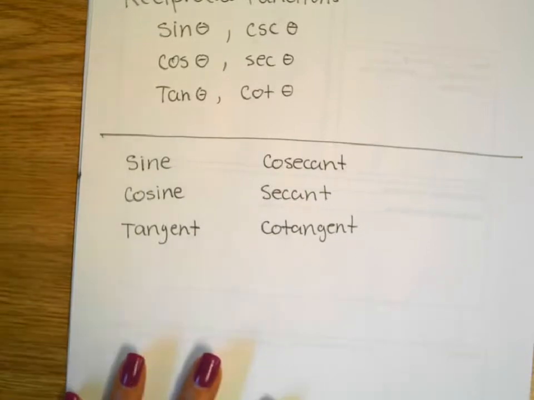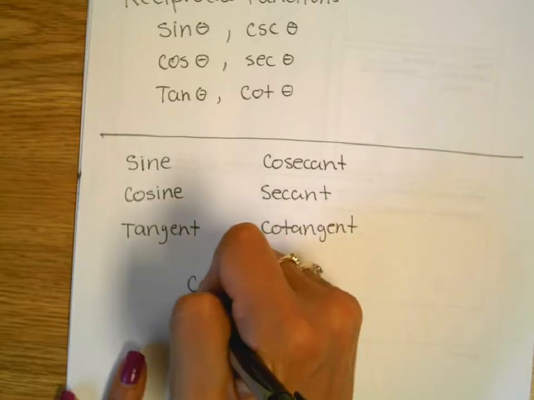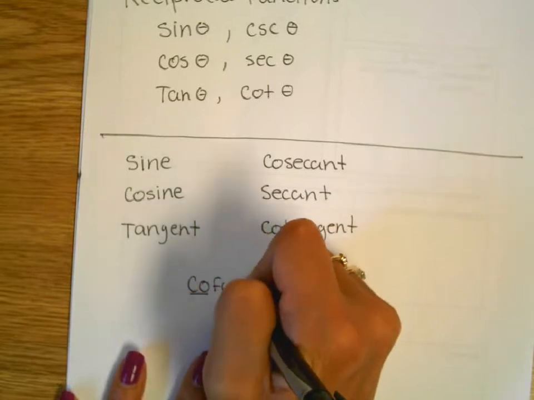Now I want to write down the word cofunction. It's one word.